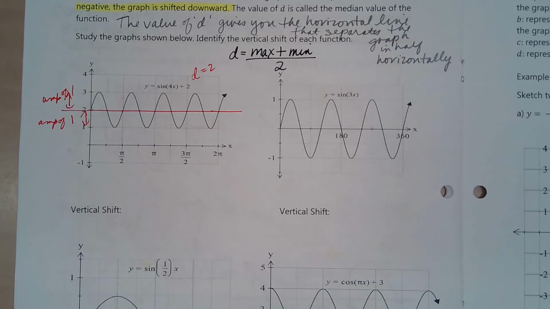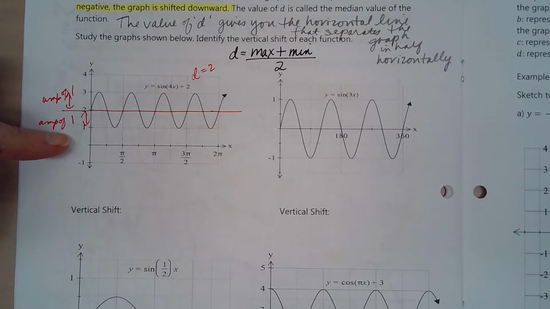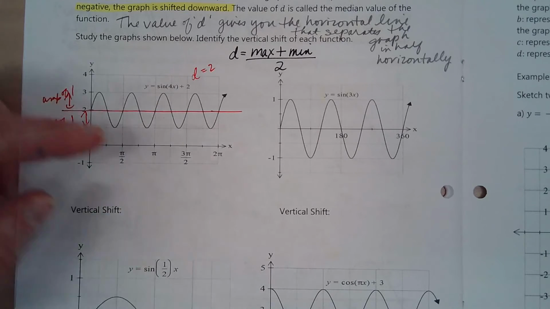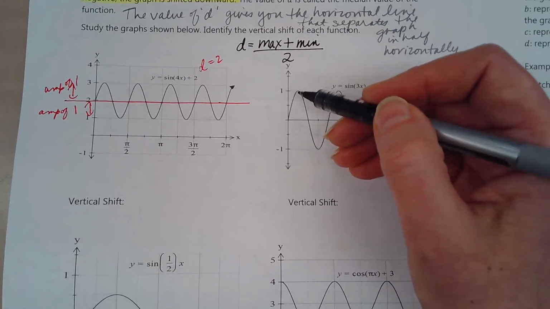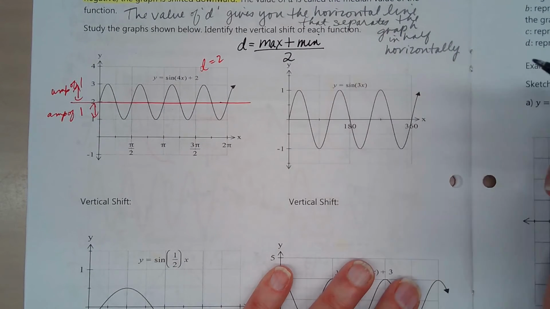That's easy, right? When I take two numbers and I divide by 2, what am I finding essentially? The average, right? So that's all the median value is. It's the average between two numbers. Whatever my max and my min are, I'm just adding them up and dividing by 2. 3 plus 1 is 4, divided by 2 is 2. 1 plus negative 1 is 0, divided by 2 is 0, right?